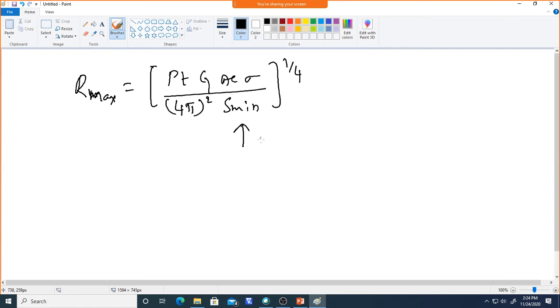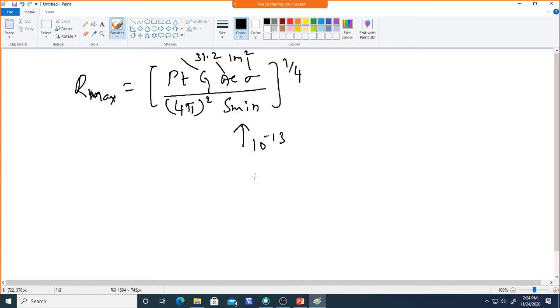So S minimum we know, 10 power minus 13. Sigma is 1 meter square, and effective aperture we have found as 31.2 meter square. For gain, substitute the absolute value, that is 7.36 into 10 power 3.